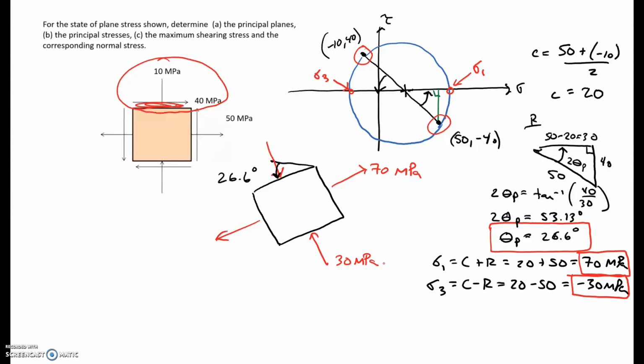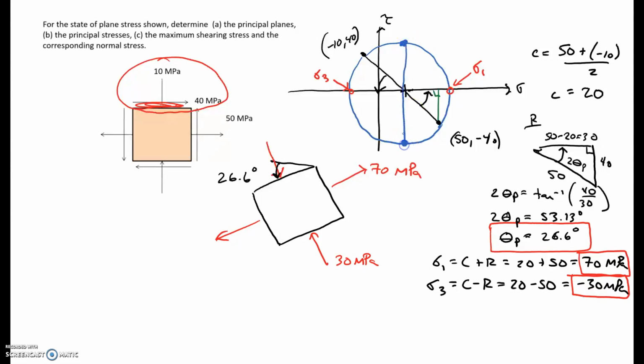So for the max shearing stress, or max in-plane shear stress, and the corresponding normal stress, it looks like this on Mohr's circle. Instead of going to the left and right side, now I need to go up to the top and bottom of the circle.